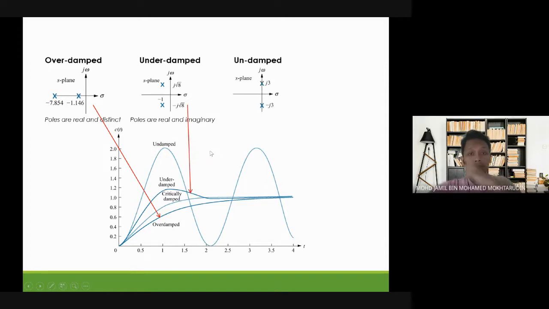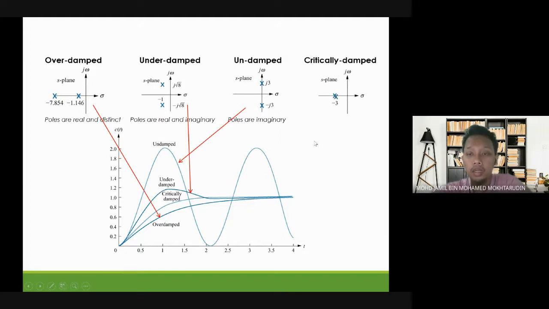So for undamped, if your poles are imaginary only, okay, so it will keep oscillating. And lastly, critically damped, if your poles are real and equal in values or repeated. Okay.